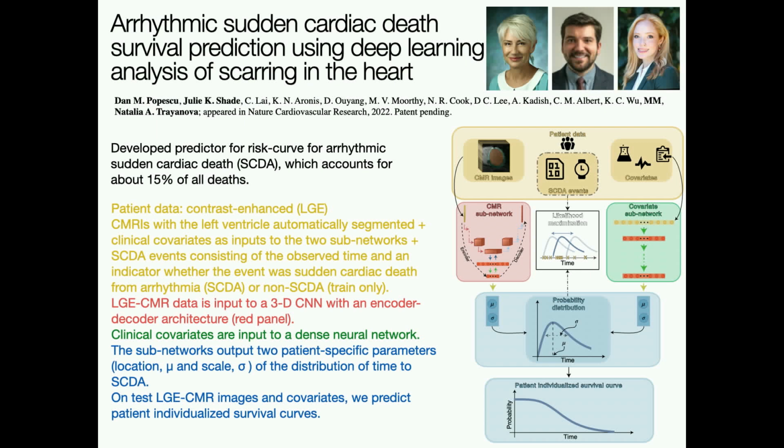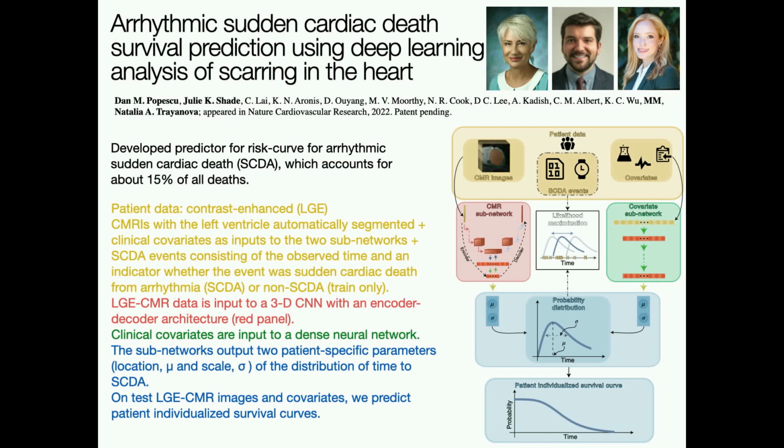Can we predict the risk as a function of time of having a bad event, in this case, sudden cardiac death? And so this is a network that acts both on the images and on clinical data. These are two separate networks that then we merge, and they output a probability of having events as a function of time.